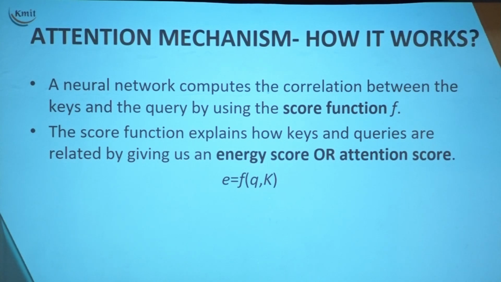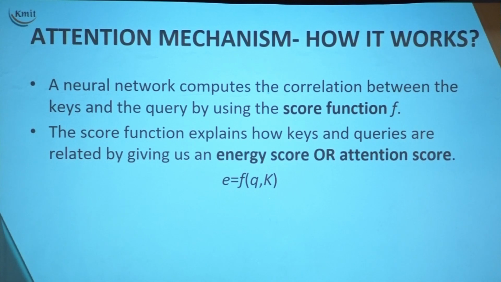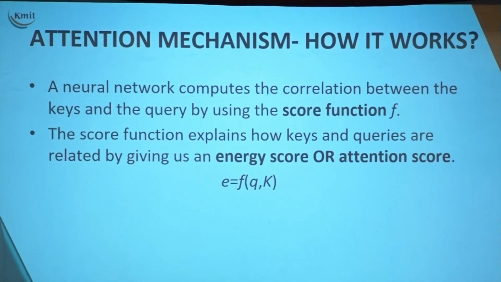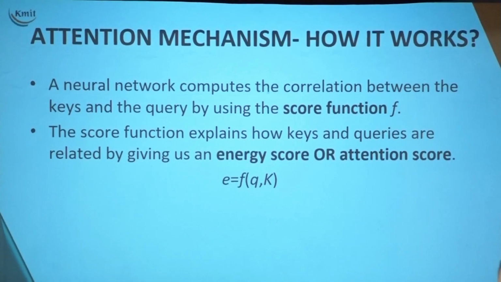How does it do this? You have to create a function called a score function, which is nothing but a mathematical function. It explains how keys and queries are related by giving an attention score. Like in our previous example, barked and the are poorly correlated, so the attention score will be less.